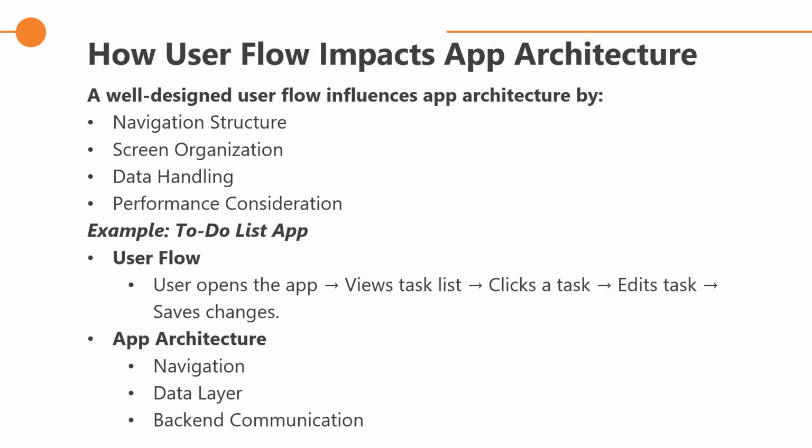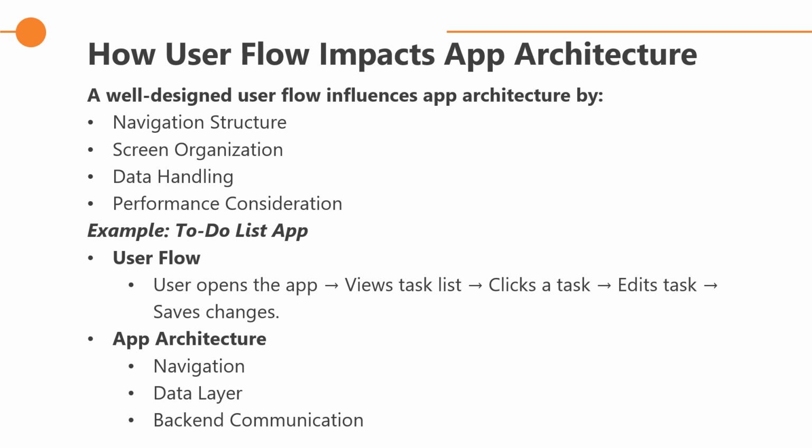One, user flows help determine whether an app is going to use a specific navigation structure. Are they going to be using a hierarchical structure, a tab-based structure, or gesture-based navigation?